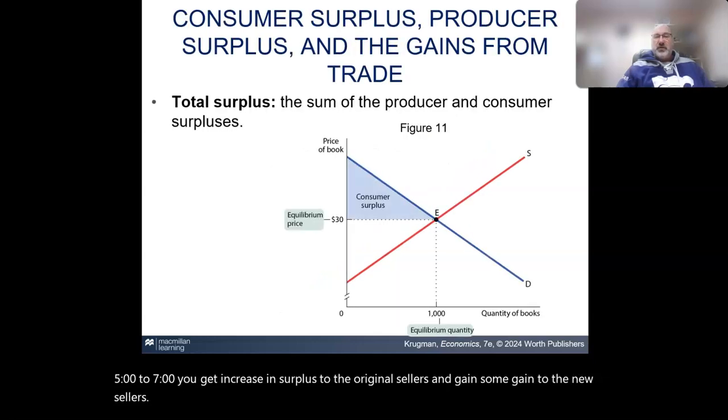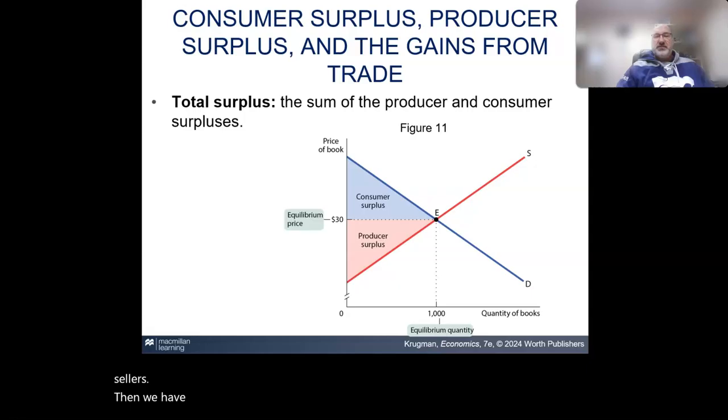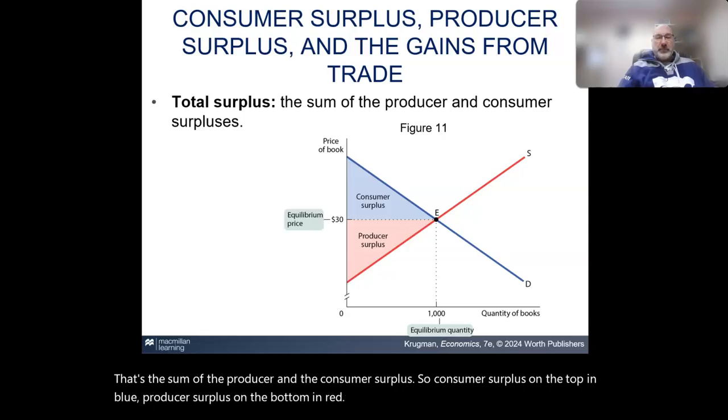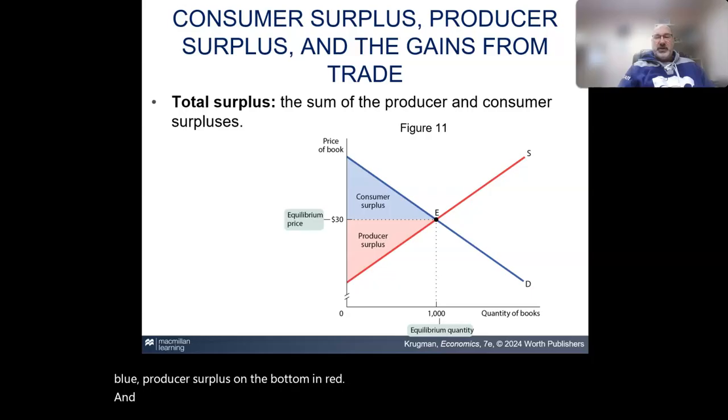So then we have what we call total surplus, and that's the sum of the producer and the consumer surplus. So consumer surplus on the top in blue, producer surplus on the bottom in red. And if you add those two together, what you get is total surplus.